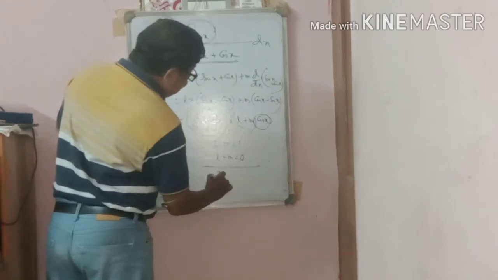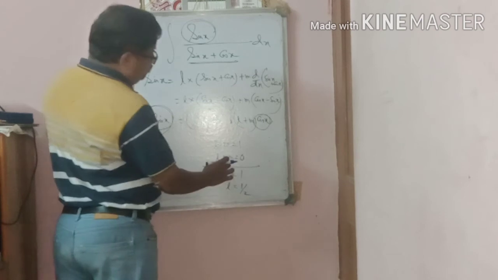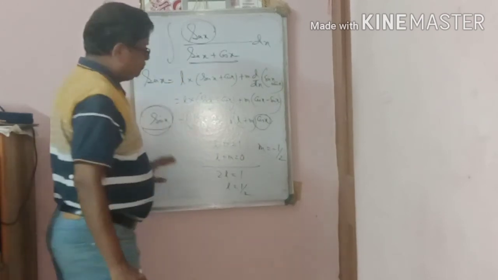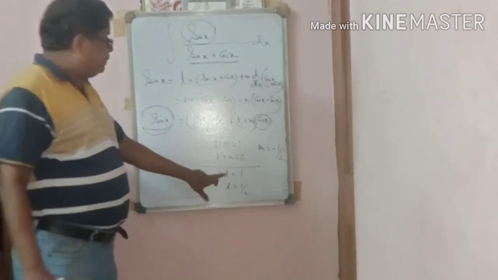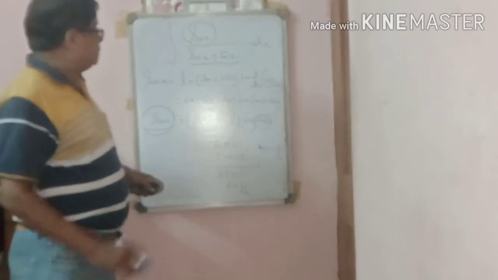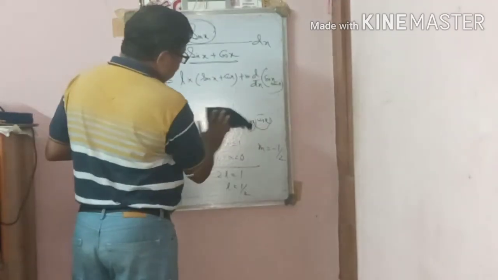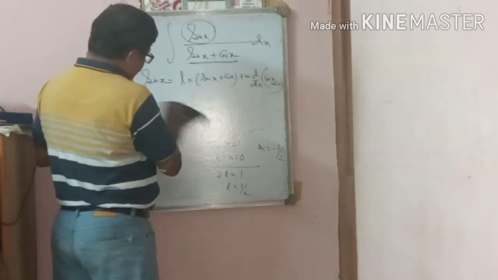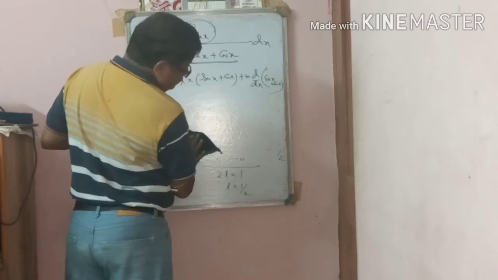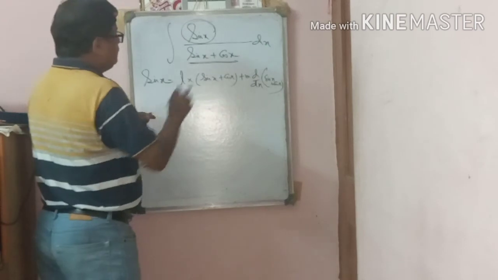Now add: twice L equal to 1, L equal to half, and m is minus half, since L plus m is 0. Now put L half, m minus half here.